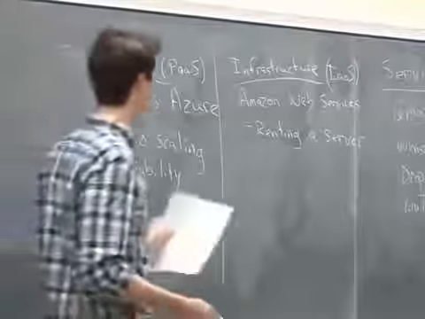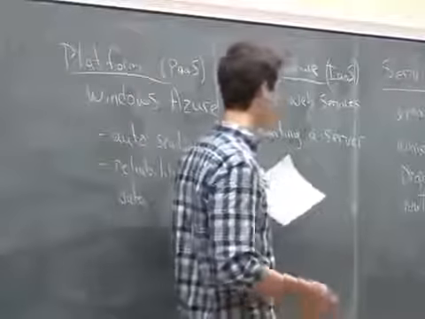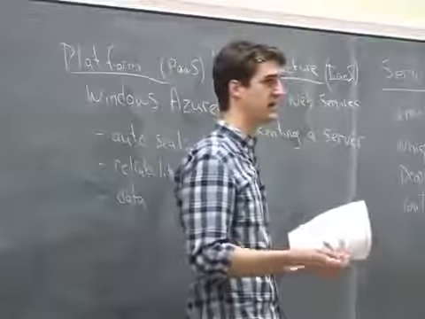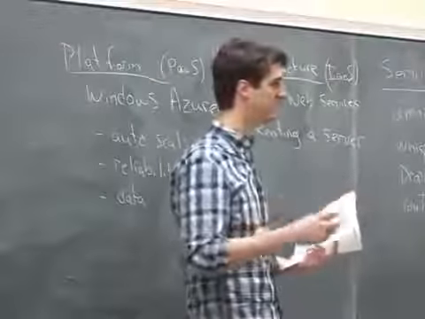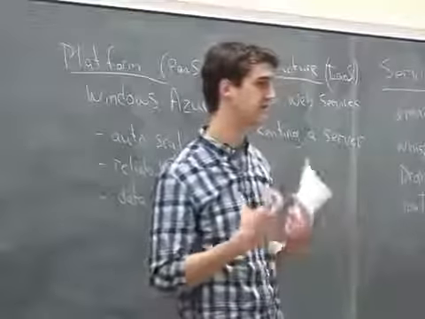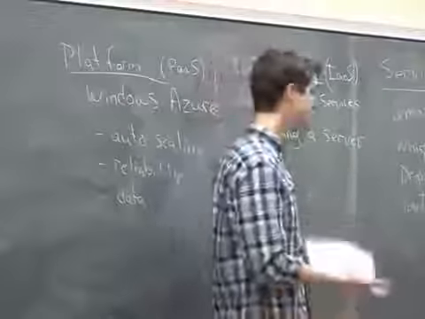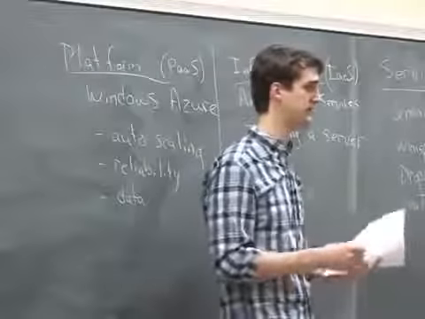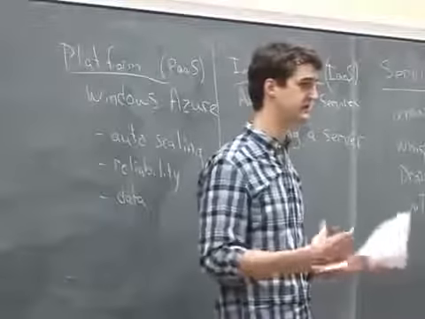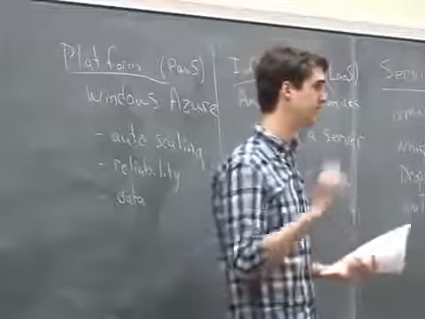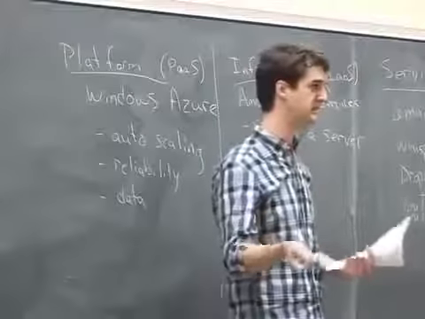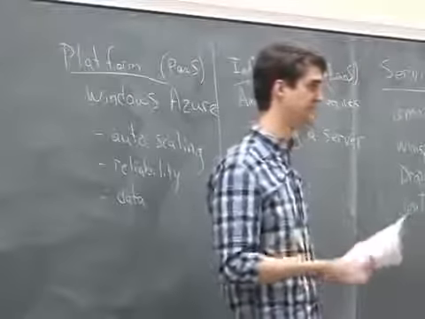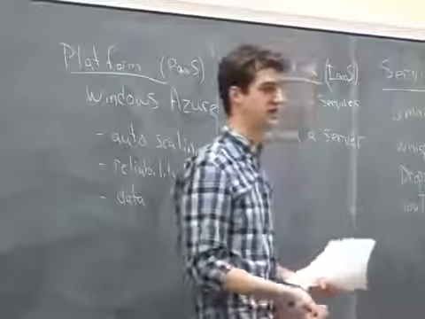Right, so if you're writing an application here and you're just renting a server and you want to scale it up, you want to get another server, you have to write that manually. It is possible, but in your code you have to say, oh, I noticed this is getting congested or whatever, and then I want to go to Amazon, ask them for another server, and then get that server and launch my application on there. Okay?